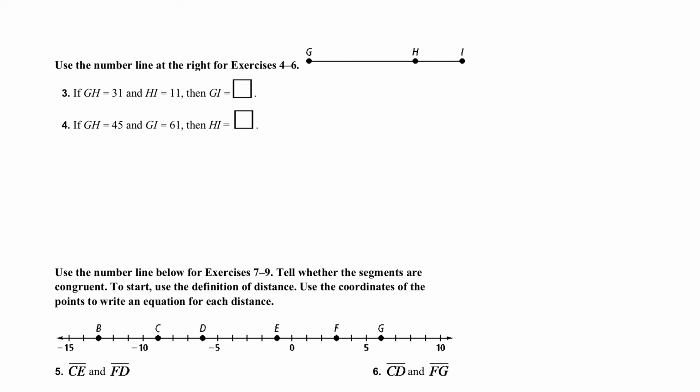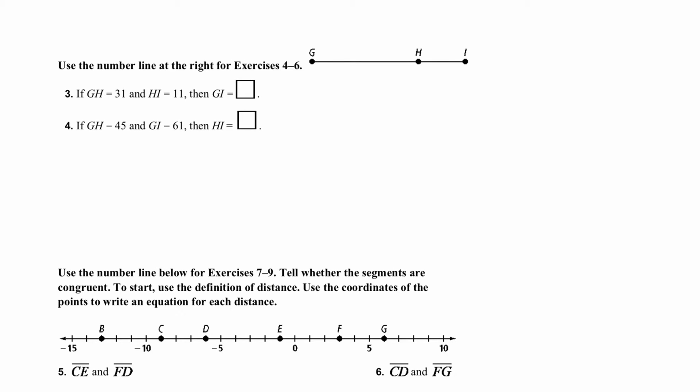Problem number 4, we're going to use that number line there. So it says if G to H is 45, so we know that G to H is 45. And I know that G to I is 61.